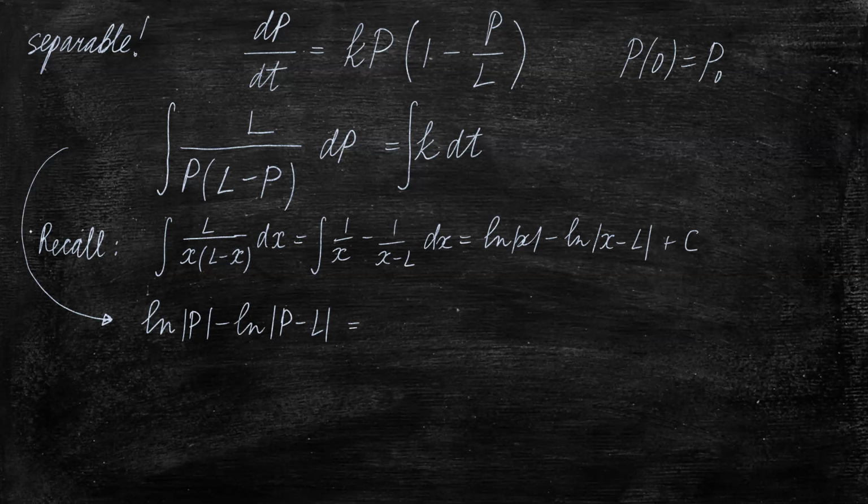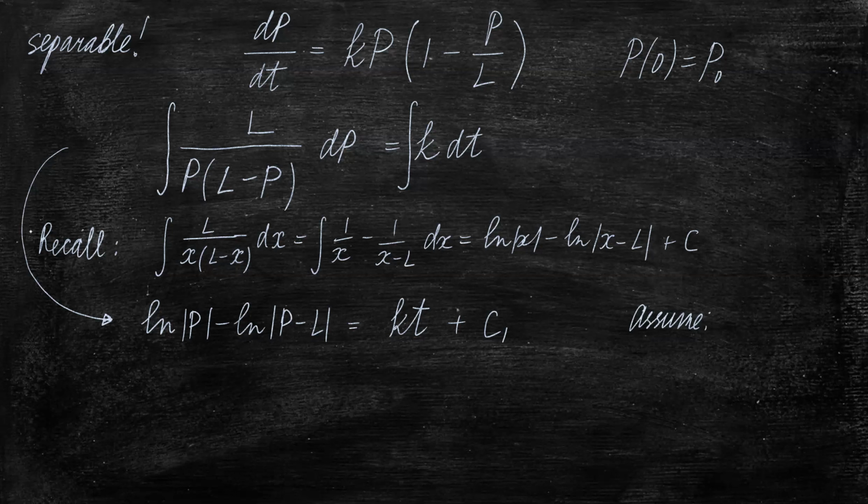And on the right side we have kt plus C. And we know this is not our last constant of integration, so we're just going to put C1 over here, and we're going to continue solving this equation.